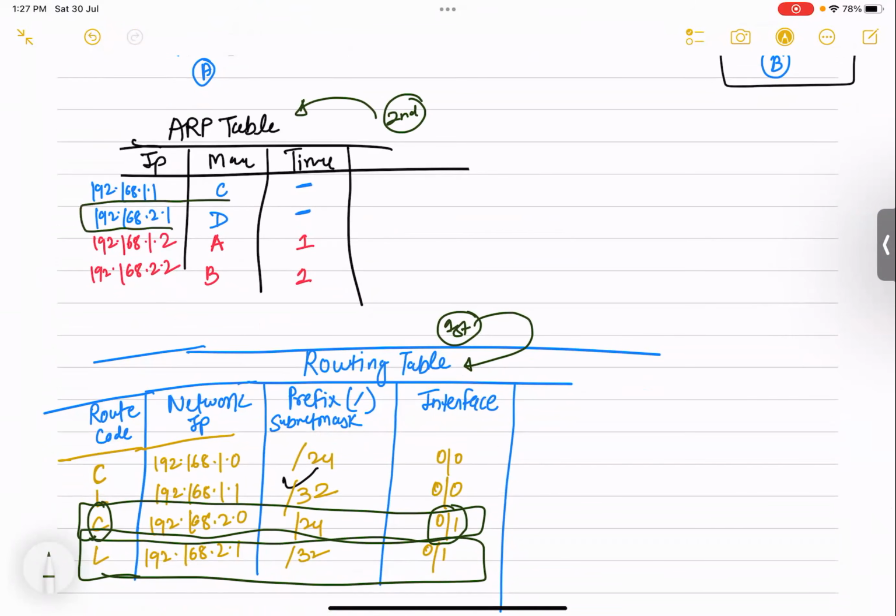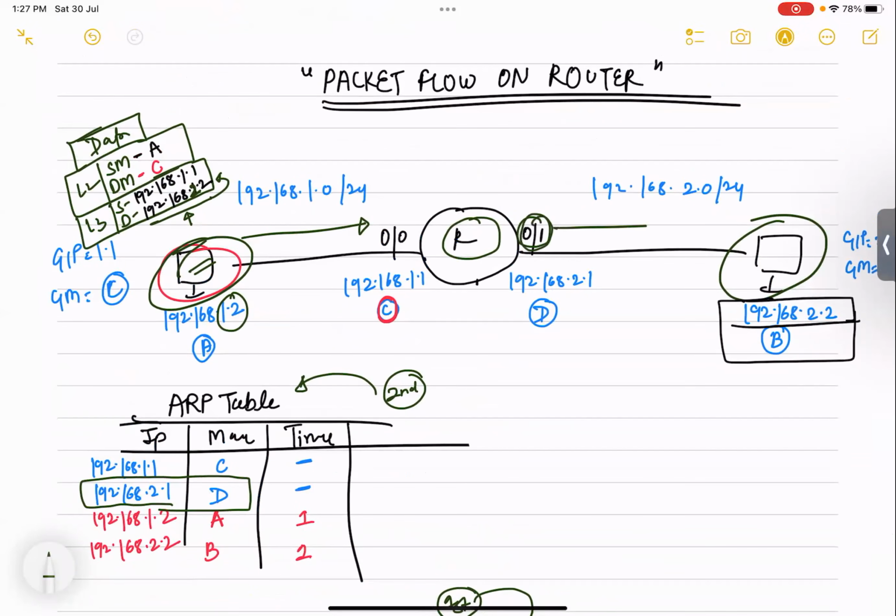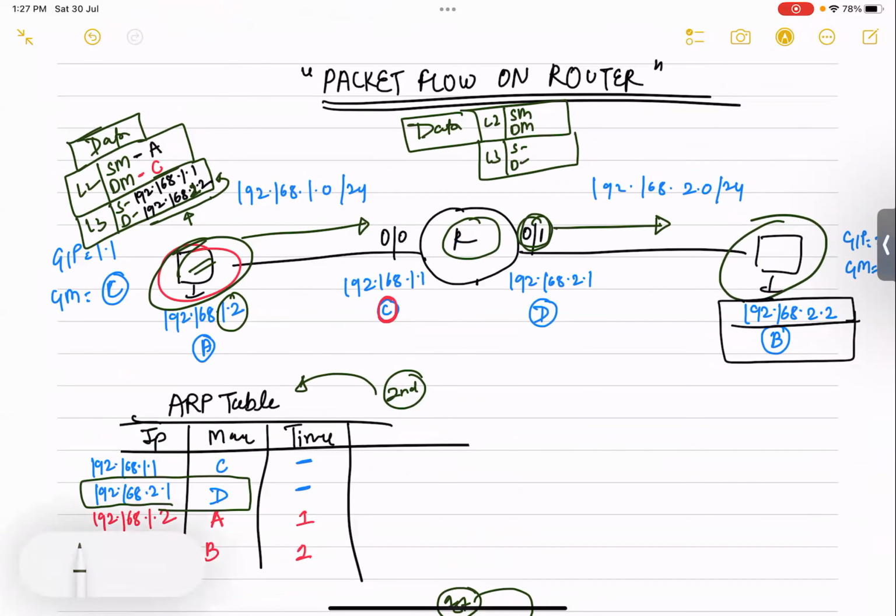The 2.1 IP is available with MAC address D. Now the router says if I want to forward this data via this interface, I send layer 2 information, source MAC and destination MAC, and layer 3, source IP and destination IP. When the router forwards the data from the other interface, the source MAC is that of the 2.1 interface, D, and the destination MAC is B, since the entry for 2.2 is available.